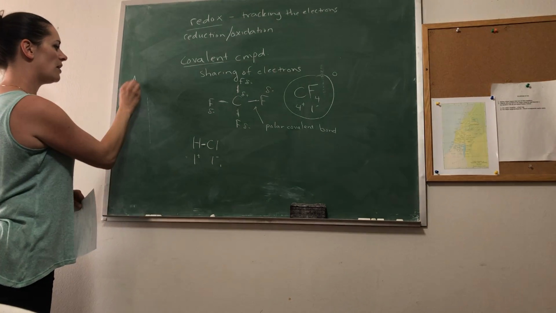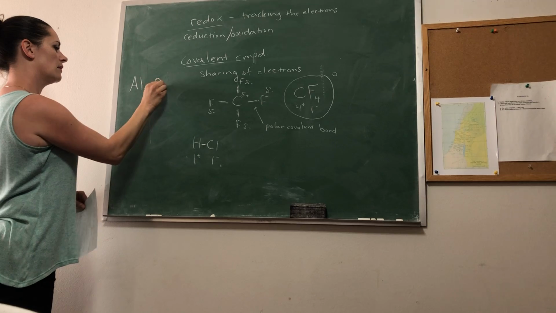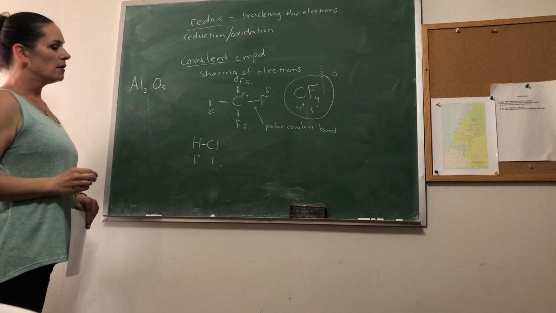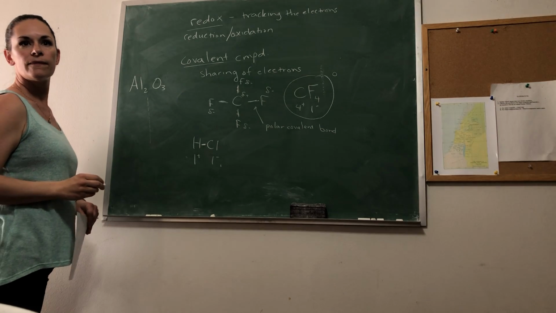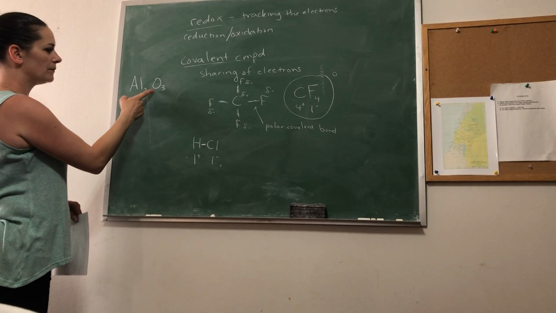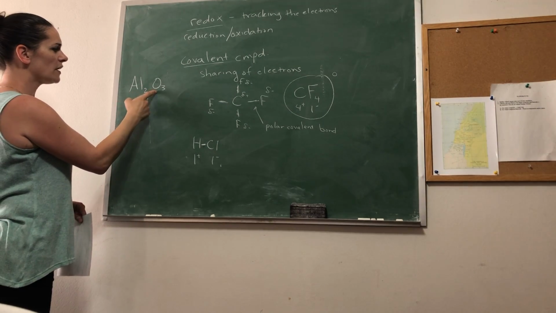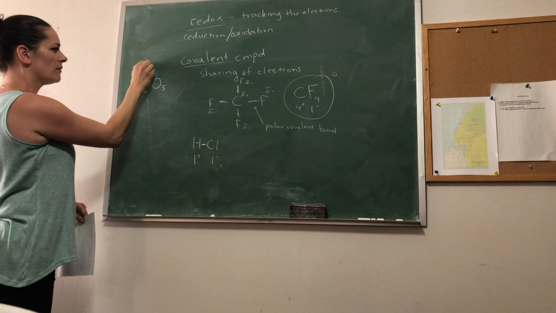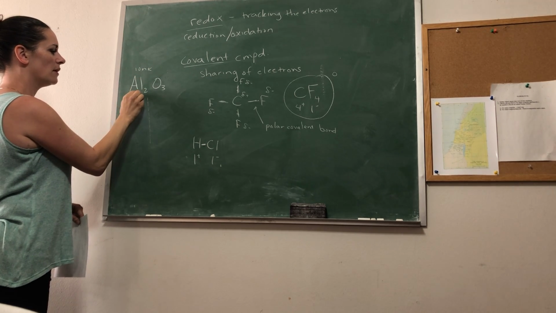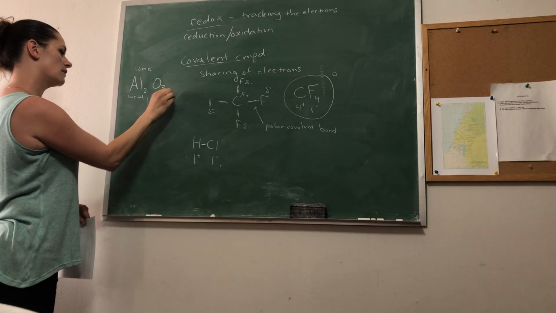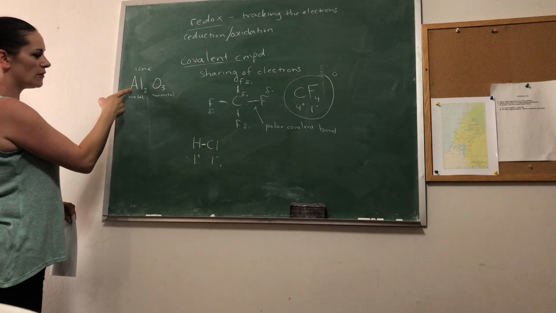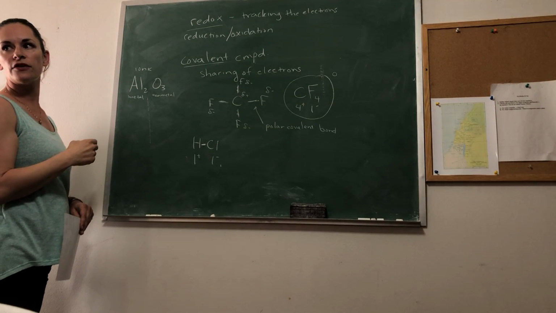How about aluminum oxide? Oxygen is more electronegative. So this is an ionic compound. We've got a metal and a non-metal. So we know this metal is going to give up its electrons.